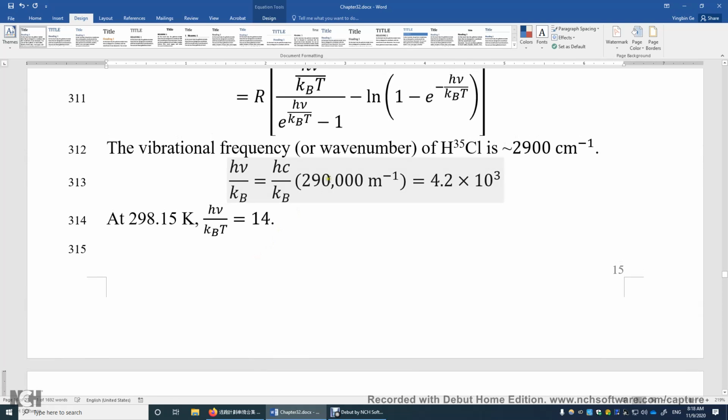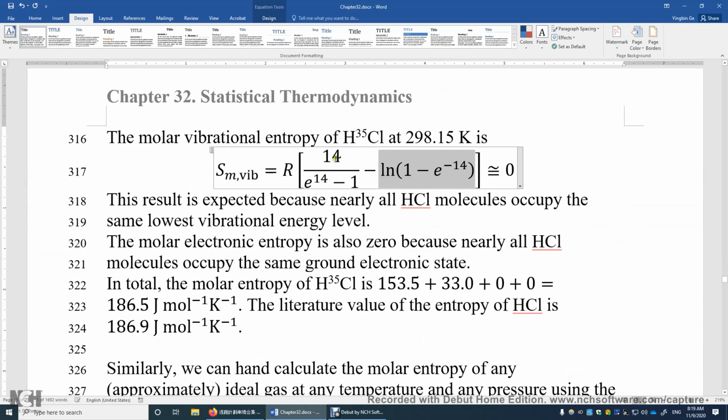Now let's look at this equation again. What about 600 Kelvin? That's a very high temperature. At 600 Kelvin, h nu over kBT is 7. Now you have 7 over e to the power of 7 minus 1 minus the logarithm of 1 minus e to the power of negative 7. So again, 7 is much, much smaller than e to the power of 7 minus 1.